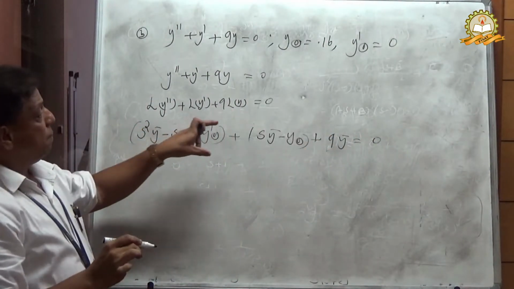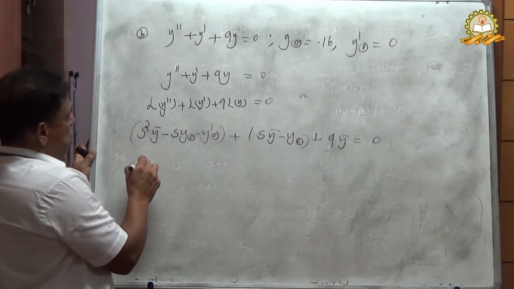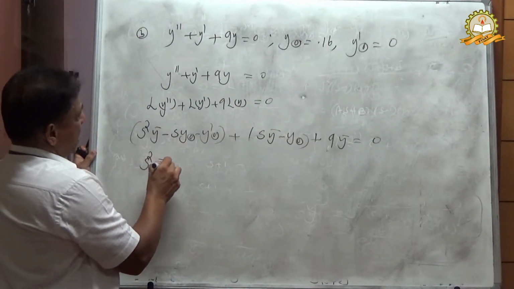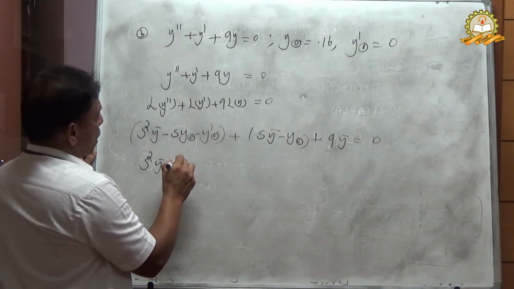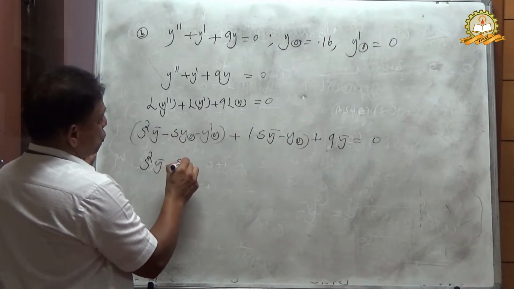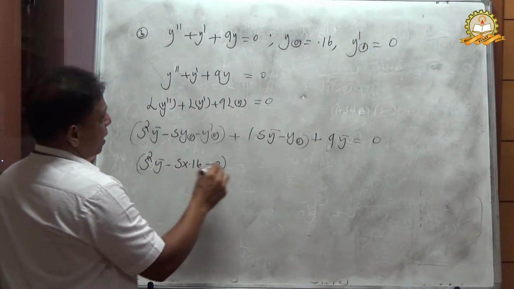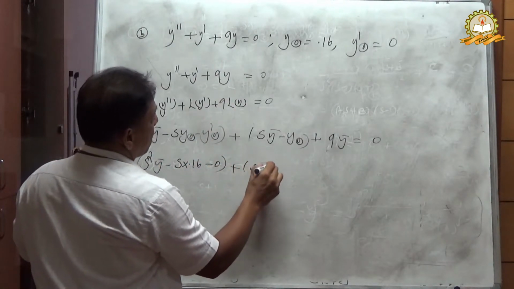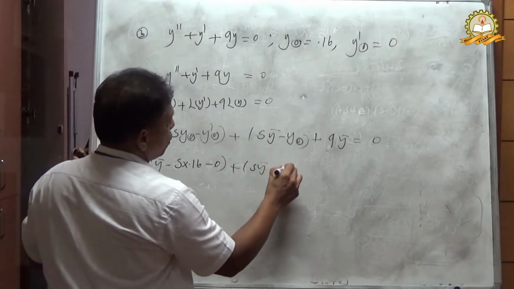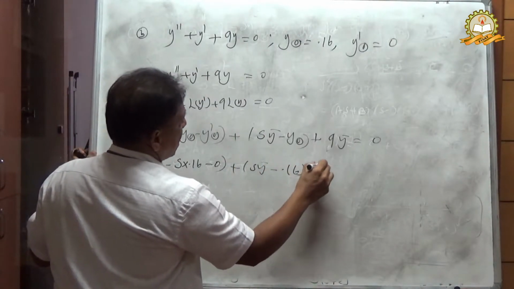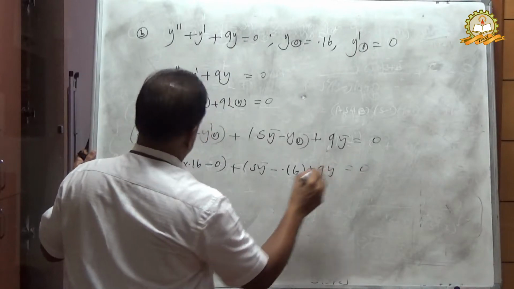We apply the initial conditions. Therefore, s square y bar minus s into 0.16, y dash 0 is equal to 0, then plus s into y bar minus 0.16, plus 9 into y bar is equal to 0.